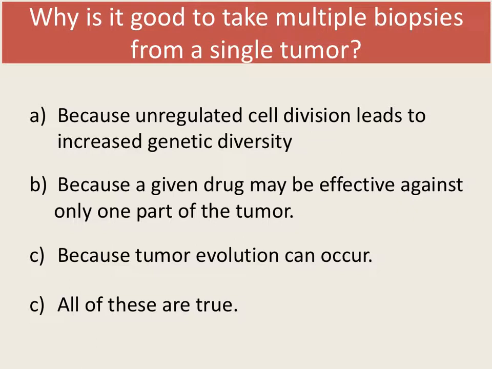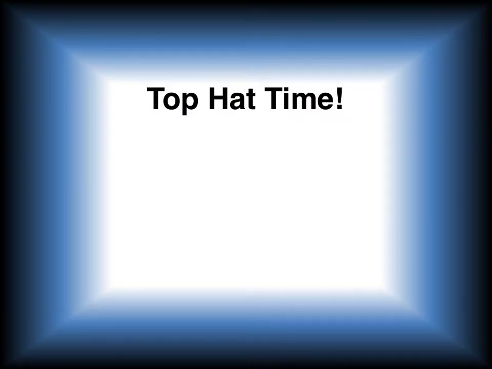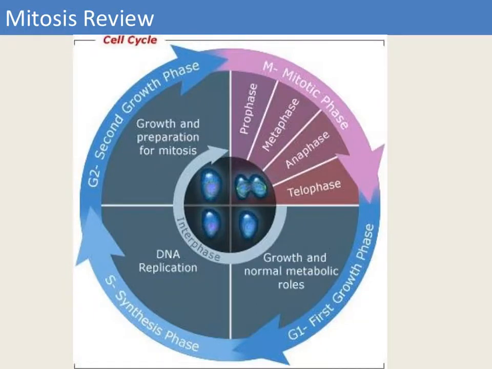Because tumor evolution can occur. The more they keep dividing, the more likely it is they're going to develop unregulated cell growth because of mutations, so it should be D. All of these are true.